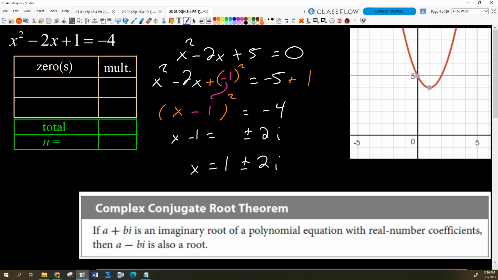We get 1 plus 2i and 1 minus 2i. Each has a multiplicity of 1, correct? For a total of 2, which is what we should get. And notice the graph has no x-intercepts because there were no real zeros.